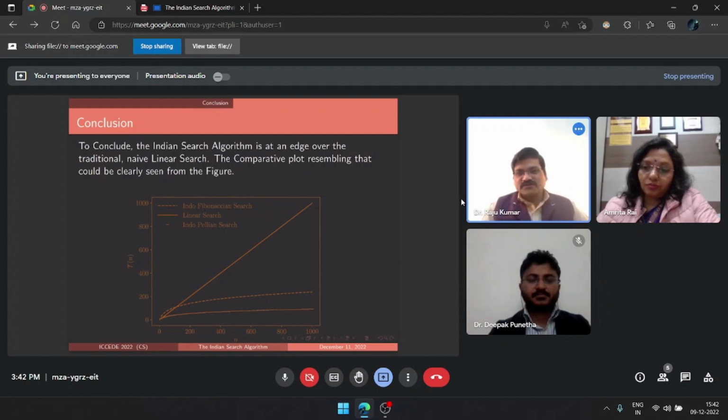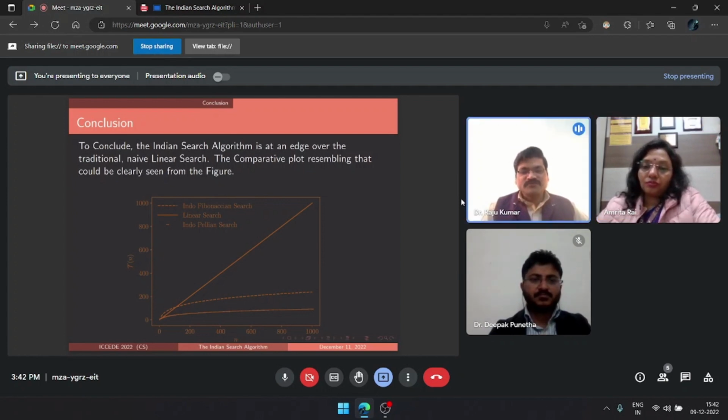So why have you compared with the linear search? Sir, because if we compare with the binary search, our algorithm is still performing better, but the difference is not quite visible. It would show the deviation for very big values of n, so plotting that in a small graph is quite difficult.